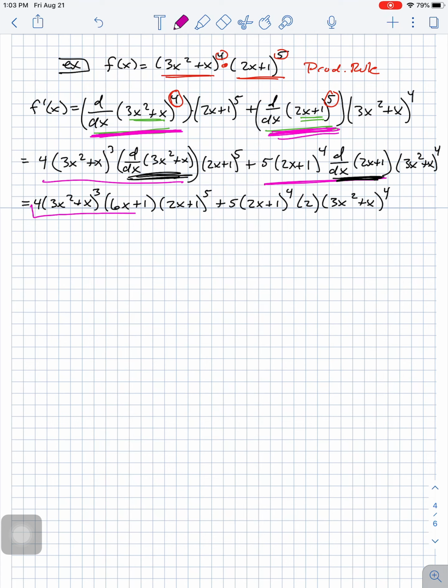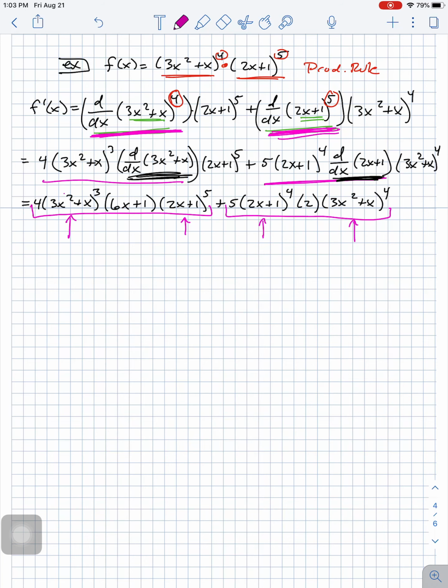Look at what's happening. I actually have one big term right here and one big term right here. So what do they have in common? I see that they have 3 of these each, and they have 4 of these each. Okay, let's start with that.